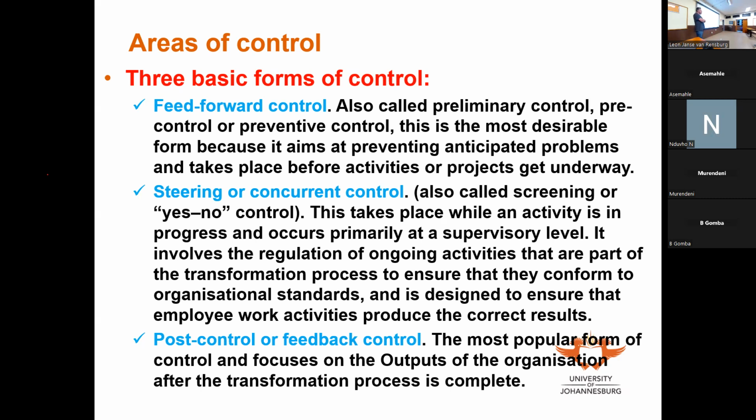Then steering and concurrent control is as things happen, and post-control is after, when you check the outcome. The problem sometimes is that the mistakes have been made, so it's more costly to fix your mistakes here than when you have feed-forward in place. The problem with feed-forward is that you do not have the information yet. With artificial intelligence, we can implement a lot more of this now because it can do predictive analytics quickly.